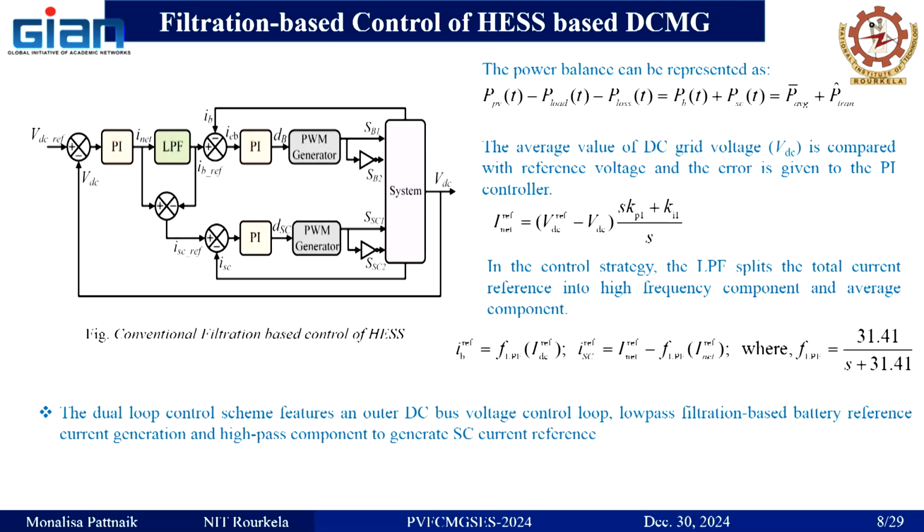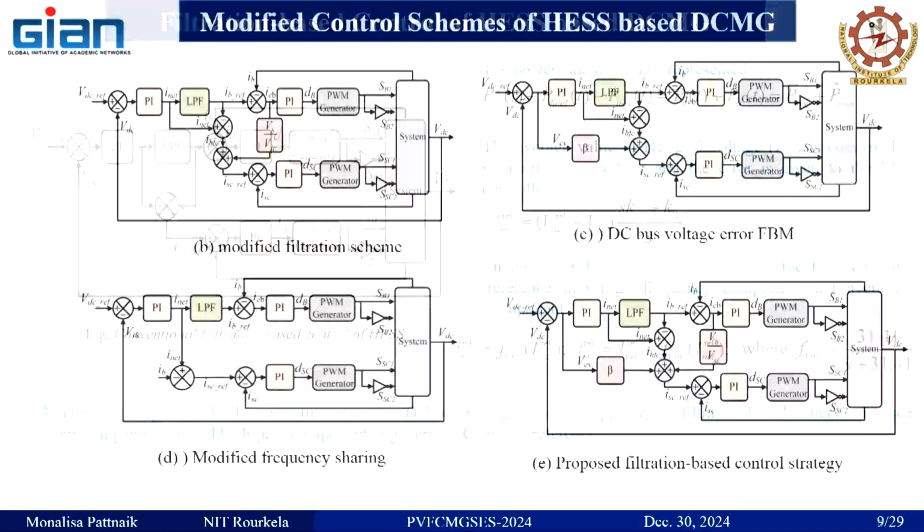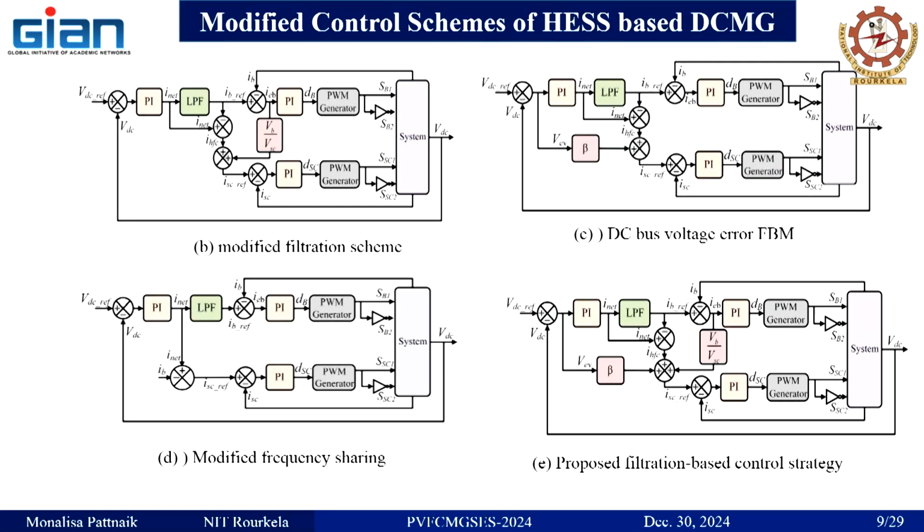Now, this control scheme is modified. Whatever is available in the literature, we first tried that one, then we proposed our own filtration by modifying or merging these two schemes. We tried to see the overall performance of this HESS based system, and we found that there is a performance improvement. I will show that with the experimental results.